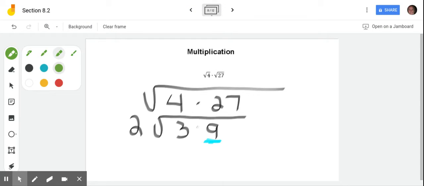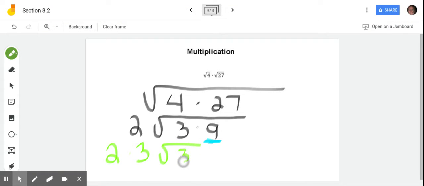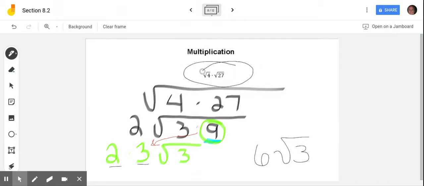So I'm going to take the 2 that was already there times 3 square root of 3, because this 9 became a 3 on the outside. So my final answer here, 2 times 3 is 6 radical 3. So radical 4 times radical 27 is 6 radical 3.